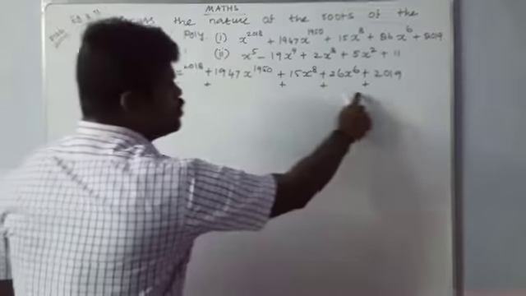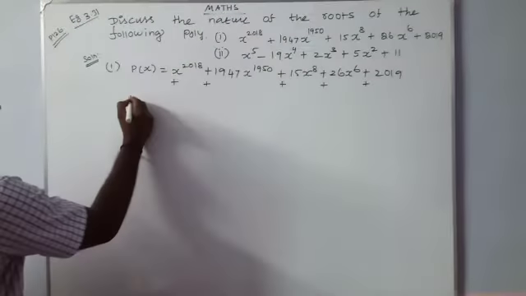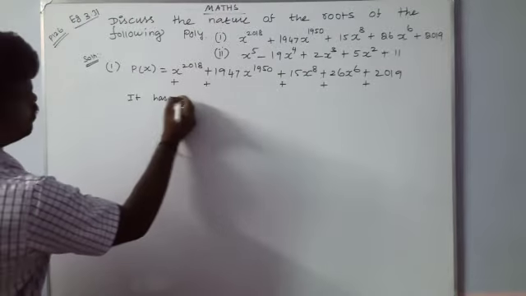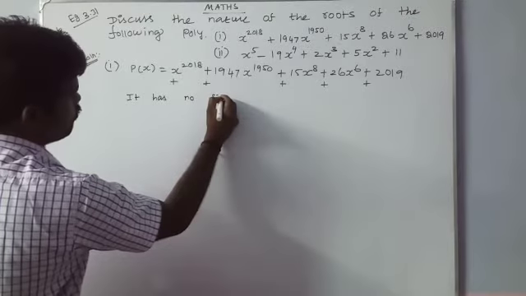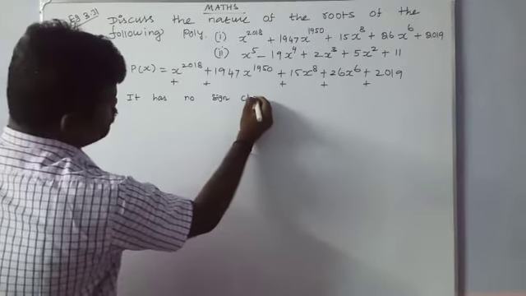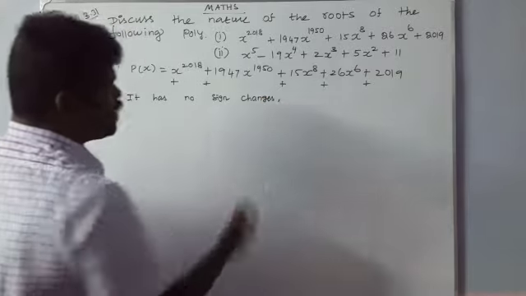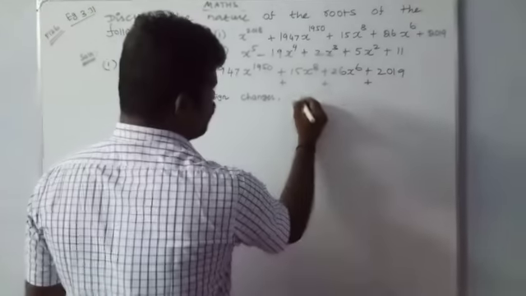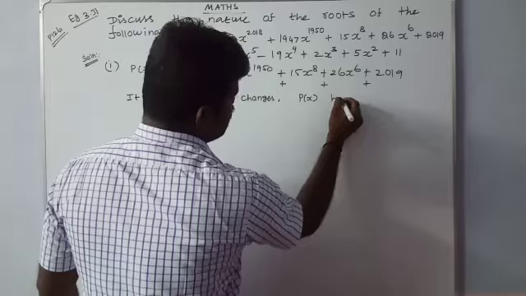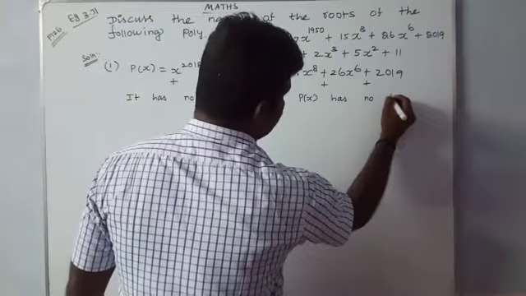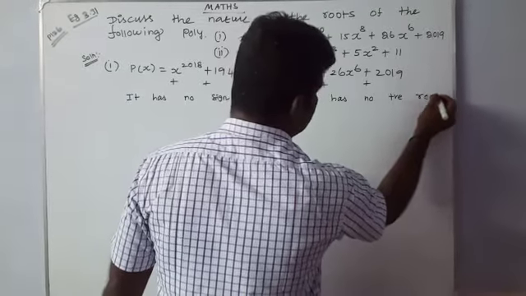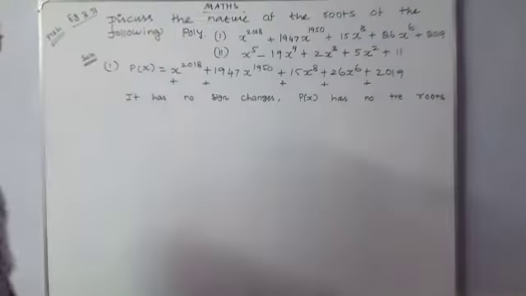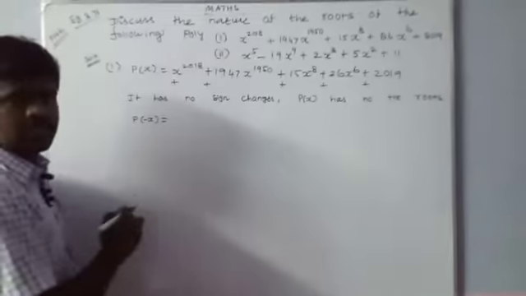It has no sign changes, so p of x has no positive roots. Okay, and now p of minus x: replace x by minus x.